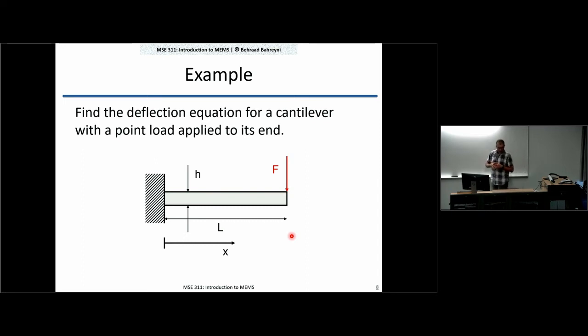Now, the question here, and I'm almost sure that you've seen this before, just an example, says: find the deflection equation for a cantilever with a point load applied to its end.